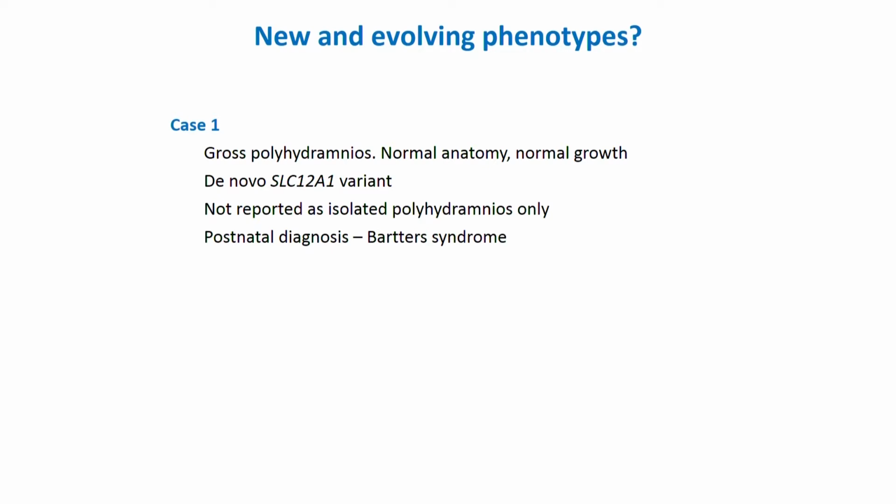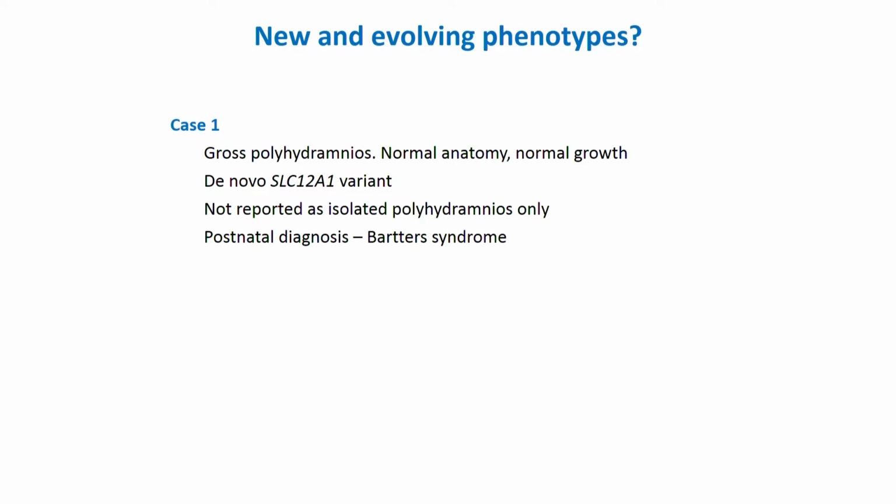Now, to be honest with you, they're slightly outside the eligibility criteria, but it was really significant polyhydramnios, normal anatomy and normal growth. And this baby had a de novo mutation in this gene here, which is recognised as occurring in Bartter syndrome. We didn't report it as we only had isolated polyhydramnios, but the postnatal diagnosis was Bartter syndrome.